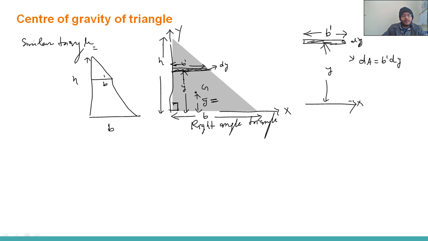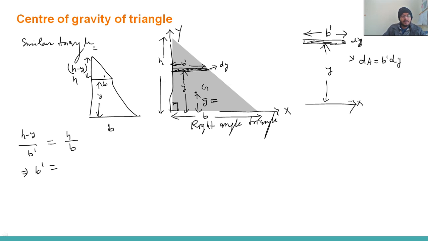This total is h, and from here to here that is y, so this will be h minus y. From the similar triangle, we can write (h minus y) divided by b dash will be equal to h divided by b.